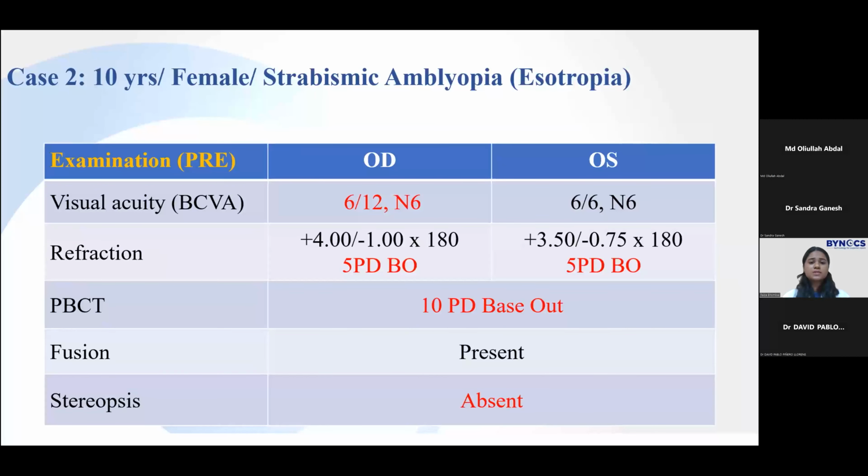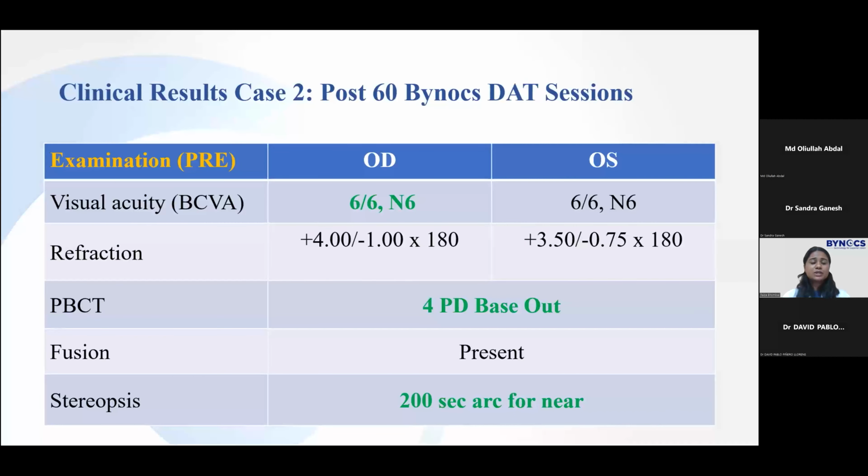However, the stereopsis was absent. Post 60 sessions, so first we gave the patient activities to improve the vision, dichoptic activities. Then as the patient's fusion was already improved, we gave stereo acuity improvement activities. So post 60 sessions, the patient developed stereopsis to 200 seconds of arc.